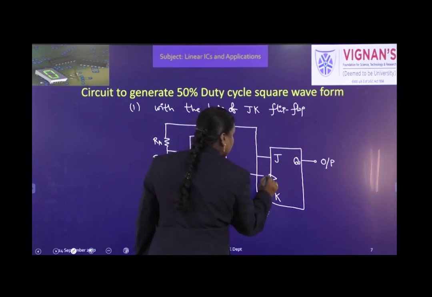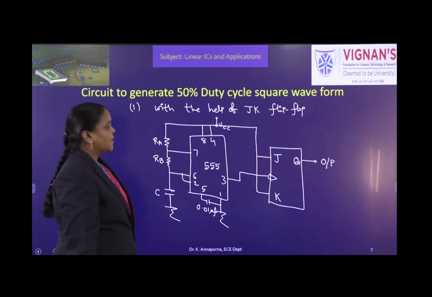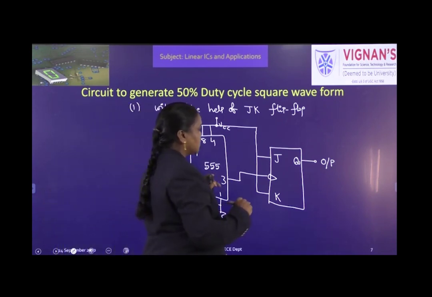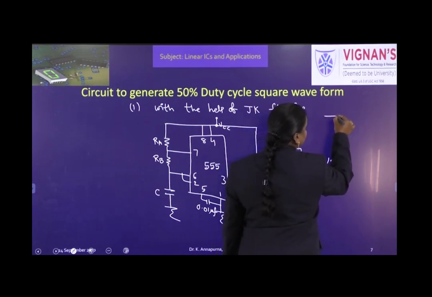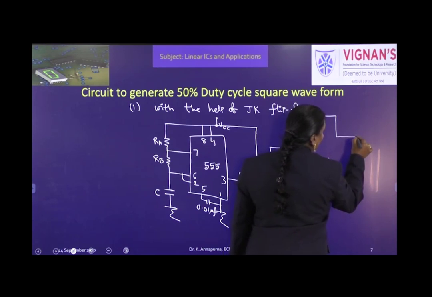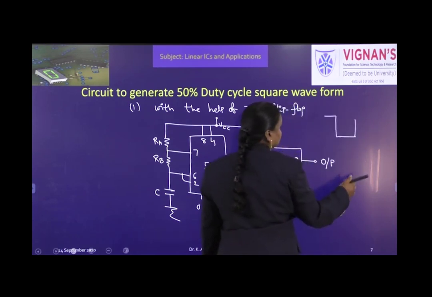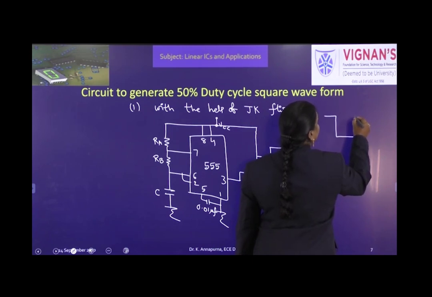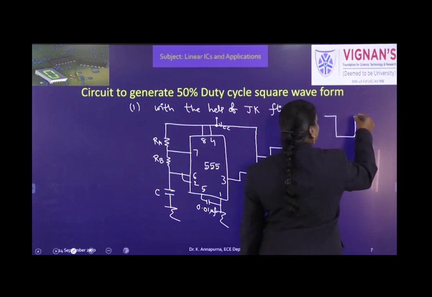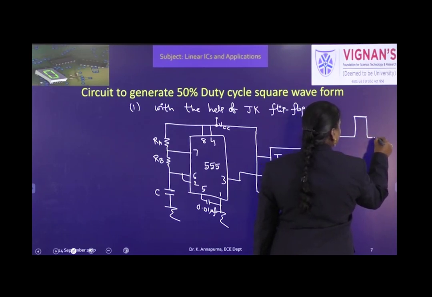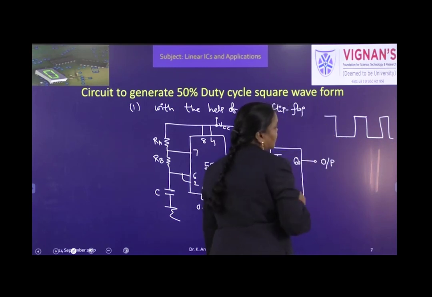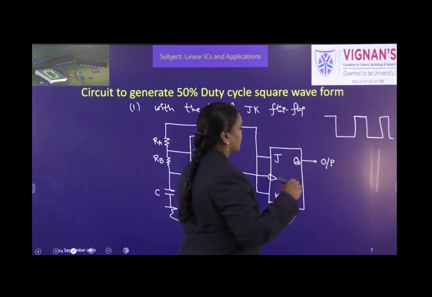So the output of the astable multivibrator is given as clock. Then what happens, you see? Let us assume the duty cycle of the astable multivibrator is less than 50%. That means on period is low compared to off.